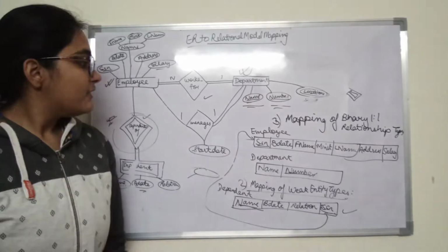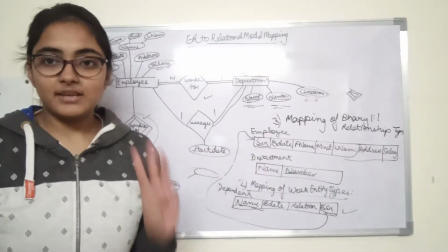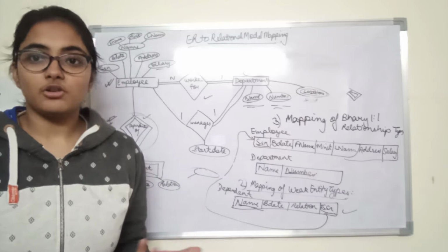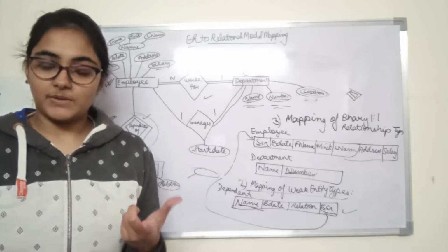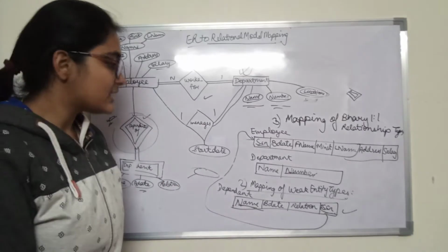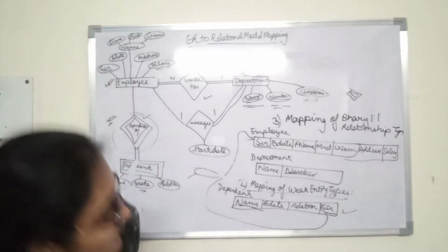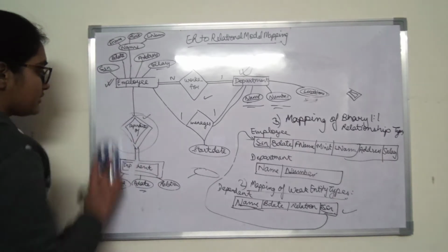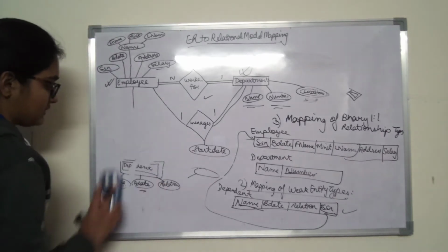So we can do this mapping by 3 approaches. There are 3 approaches in order to map a binary 1:1 relationship type. The first approach is the foreign key approach.